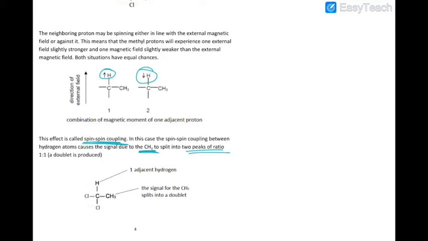Which means that when you look at a low resolution NMR for that CH3, we would see a single peak with intensity 3, integration 3.